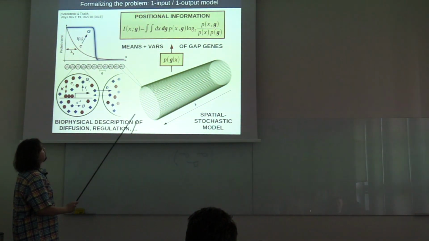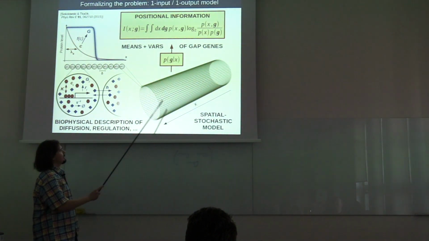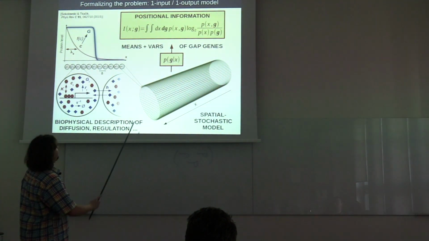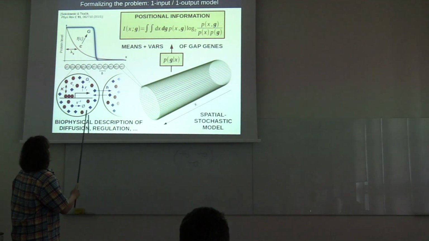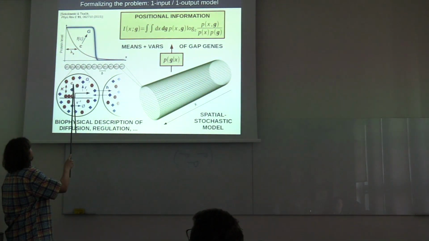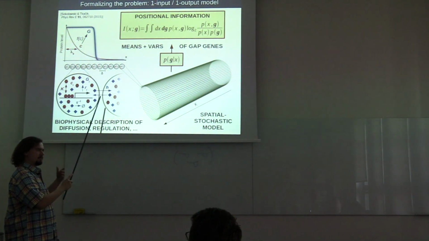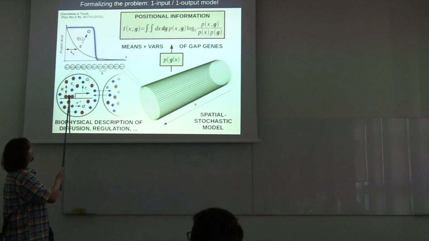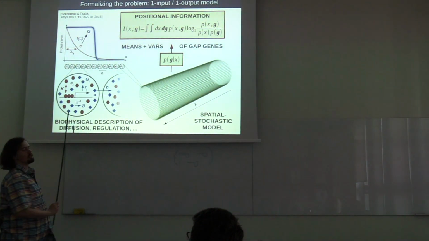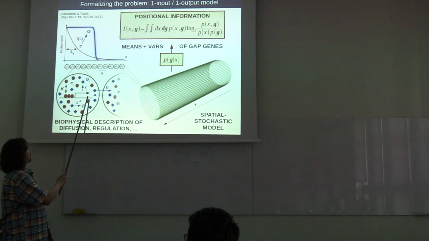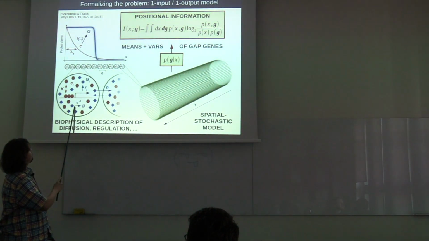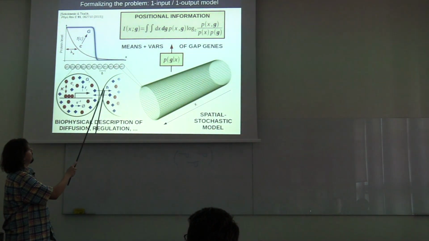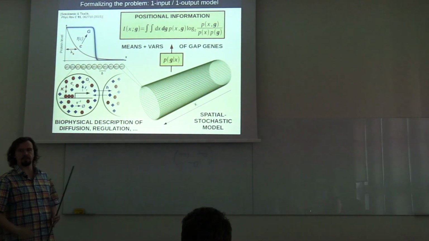And so we implemented this on a spatial lattice, which is cylindrical, which is an approximation of the geometry of the embryo. In each of these little volumes, we model the random arrival of the input proteins to the promoter of this one regulated gene G. Then we model the random production of this gene, the random degradation, and most importantly also the spatial coupling between neighboring volumes via some hopping rate based on the diffusion constant of the protein.